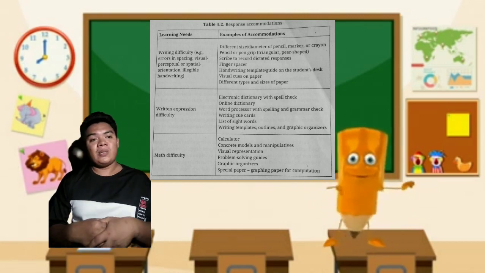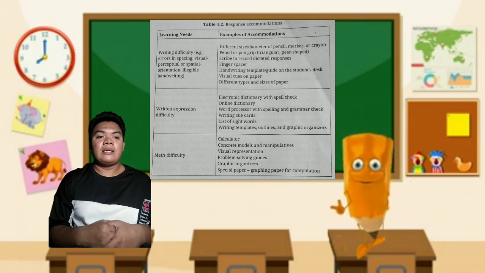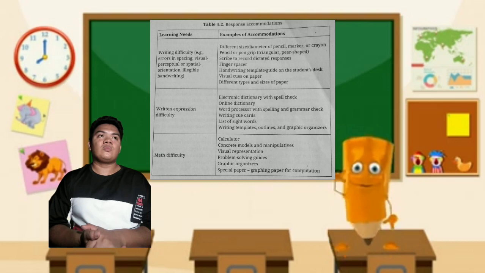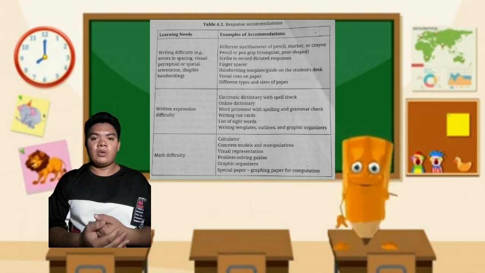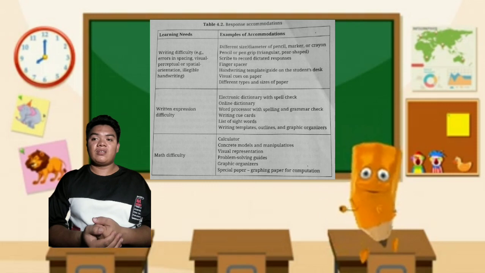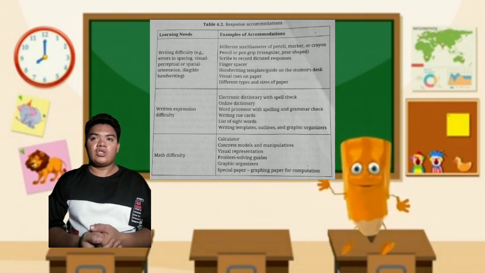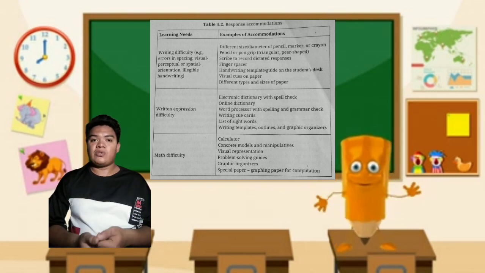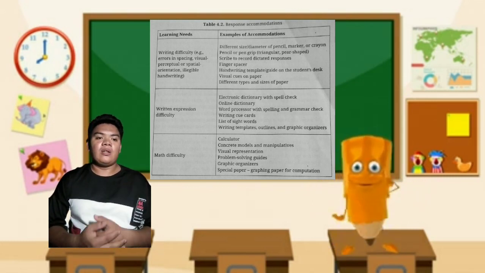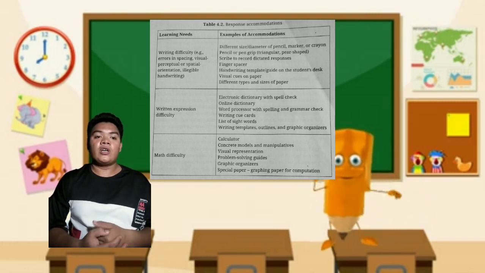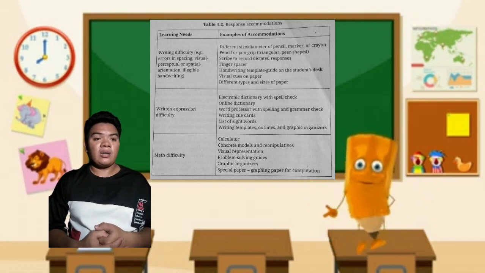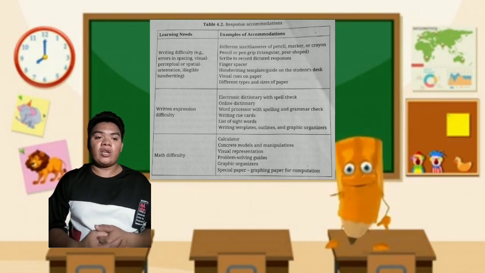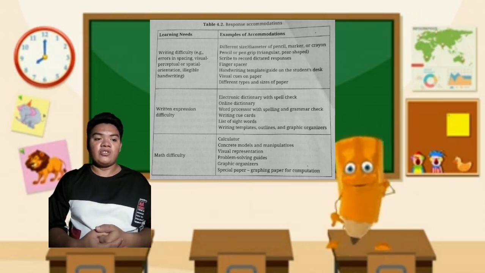For example, an electronic dictionary with spell check. We should be flexible in having different dictionaries with spell check, like those that give the proper pronunciation, and also an online dictionary, word processor with spelling and grammar check, writing cards, list of sight words, and writing templates, outline, and graphic organizer.